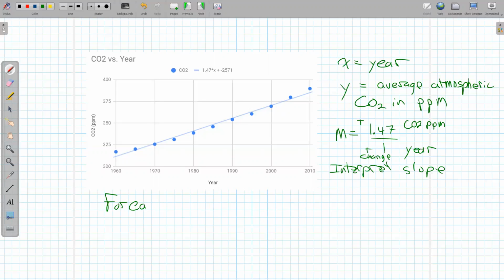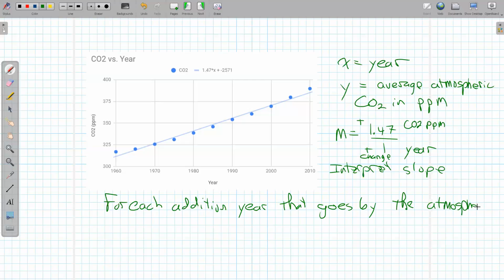So for each additional year that goes by, the atmospheric CO2 is increasing, that's a positive number, by 1.47 parts per million on average.